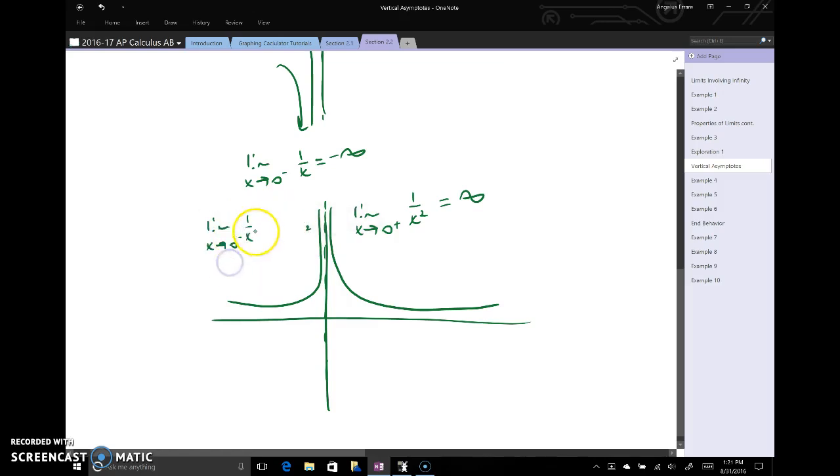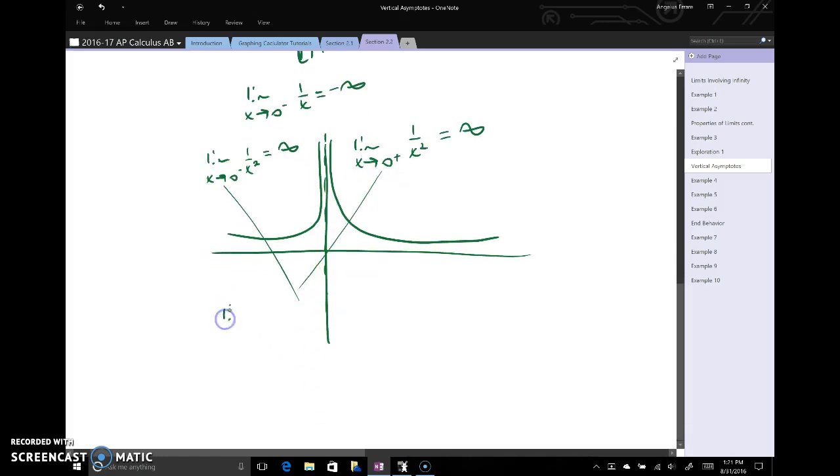So here's an example where we could write these together as one limit. We could just say the limit as x approaches 0 of 1 over x squared equals infinity.